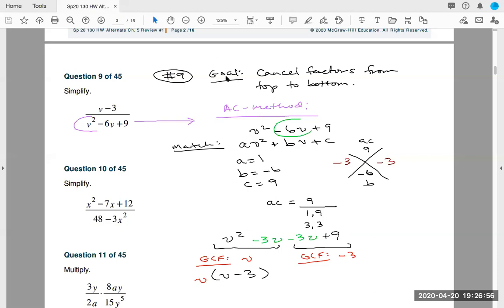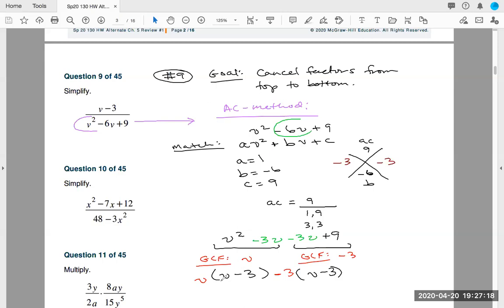And then I'm going to factor GCF out of the second group, and I'm left with v -3. Be careful here because you're taking out a -3. So you're taking 9 and dividing it by -3, which gives you a -3.